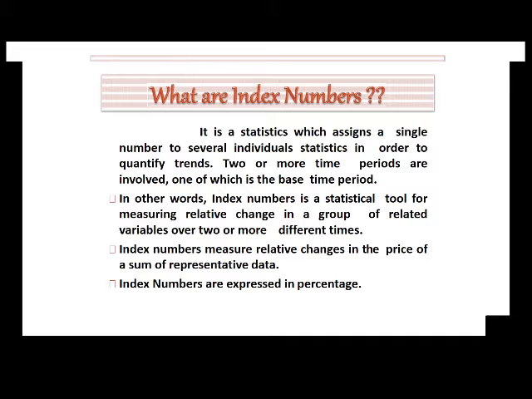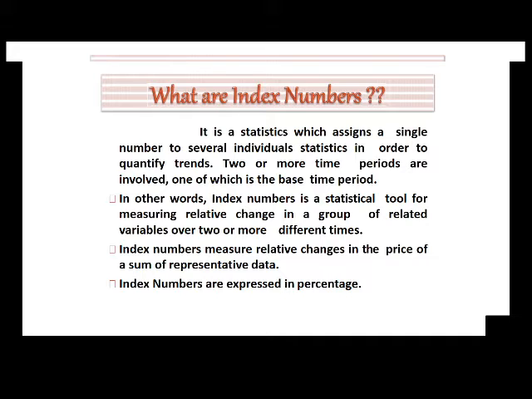So next, what are index numbers? It is a statistic which assigns a single number to several individual statistics in order to quantify trends. Two or more time periods are involved, one of which is the base time period.